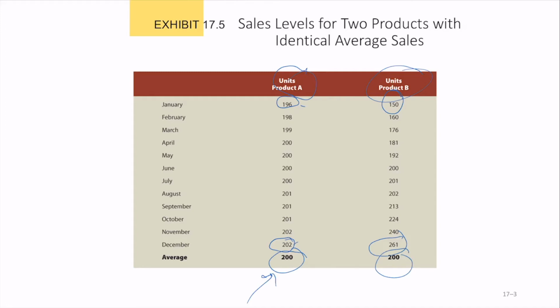You're looking at just a handful there, 6 points or so. But notice here, the difference between 261 and 150 is a lot farther. There's a greater range there than what you see in product unit A. And this is what we're going to call high and low dispersion, and you'll see an example of that here in the next slide.